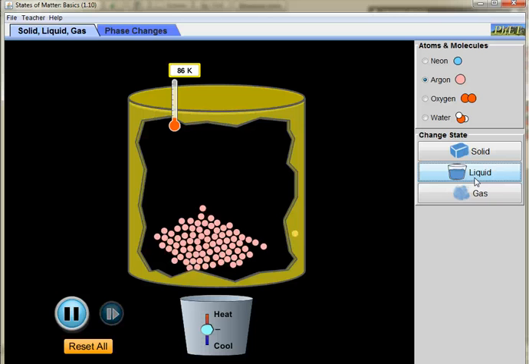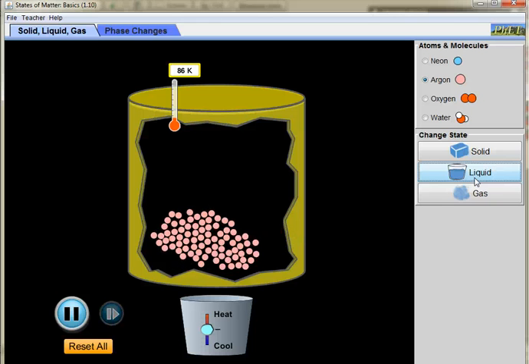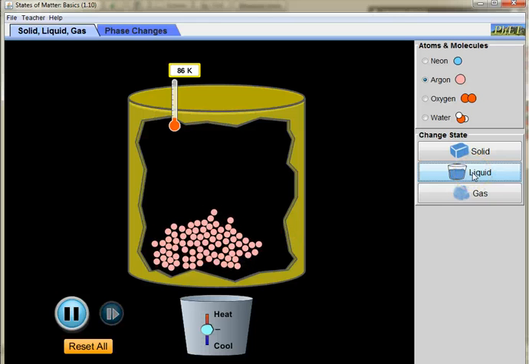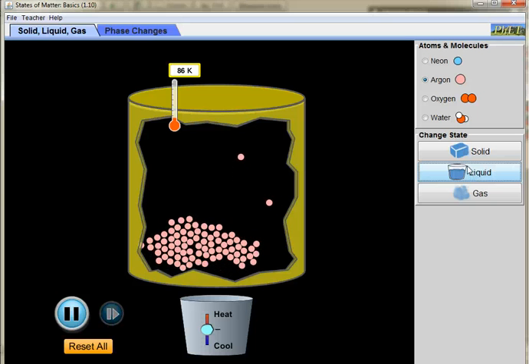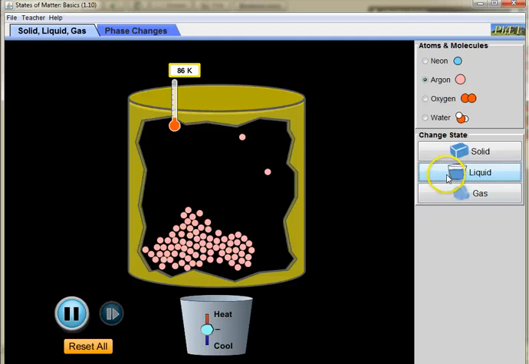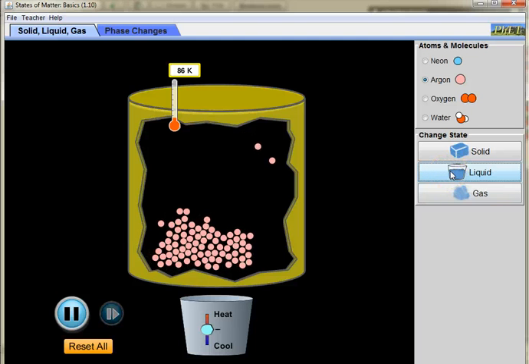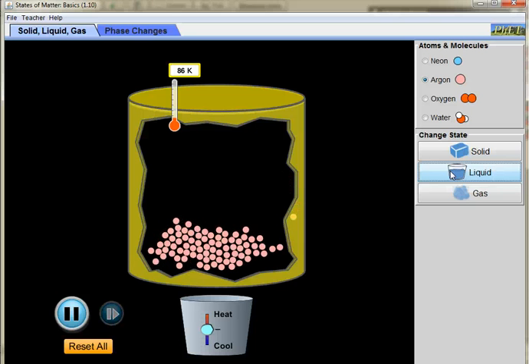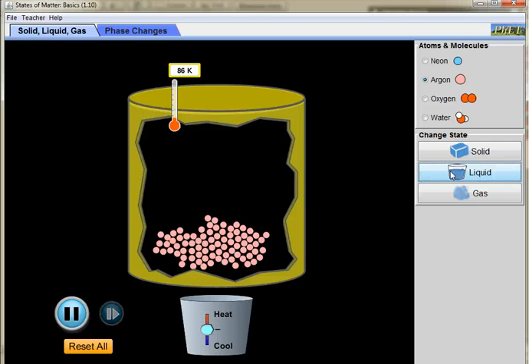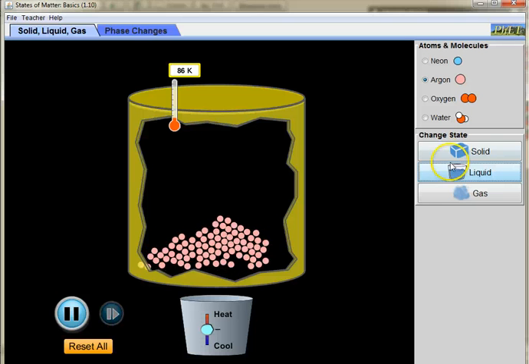In which state are the particles more strongly attracted to each other? Solid state, definitely solid state.